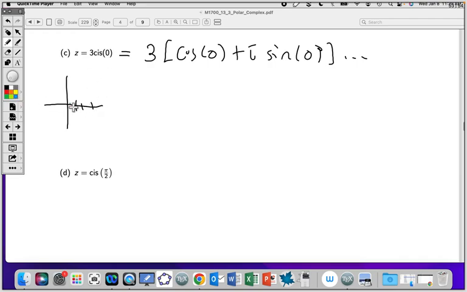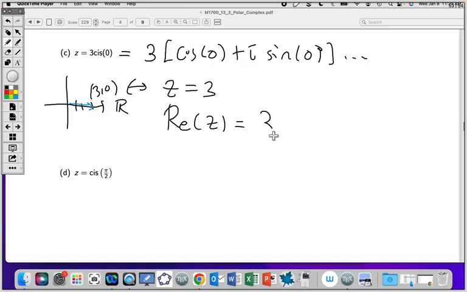That means I'm starting at the origin and just moving out 3 units. So that's going to be 3 units along the real number axis. That'll get me to the point 3 comma 0, which corresponds to the real number 3. So the real part of z is 3, and the imaginary part of z is 0.